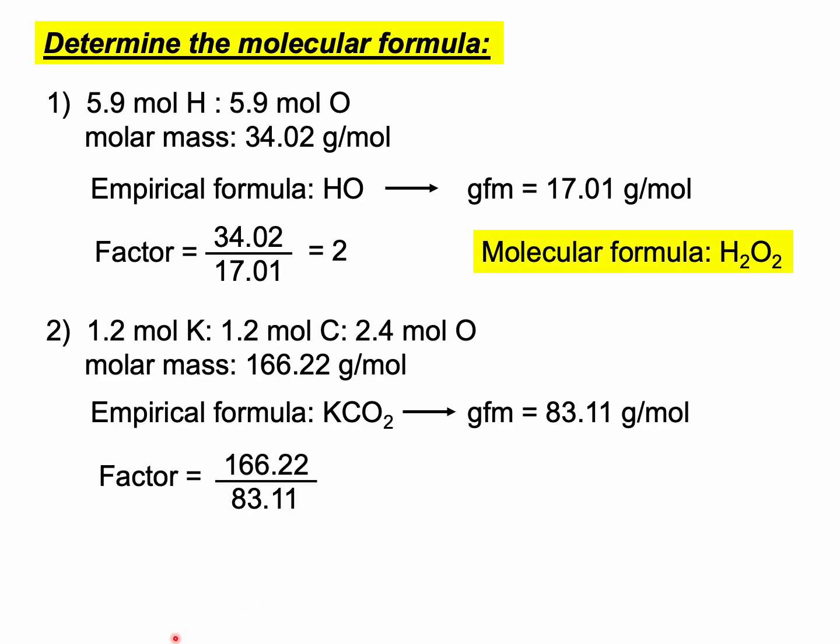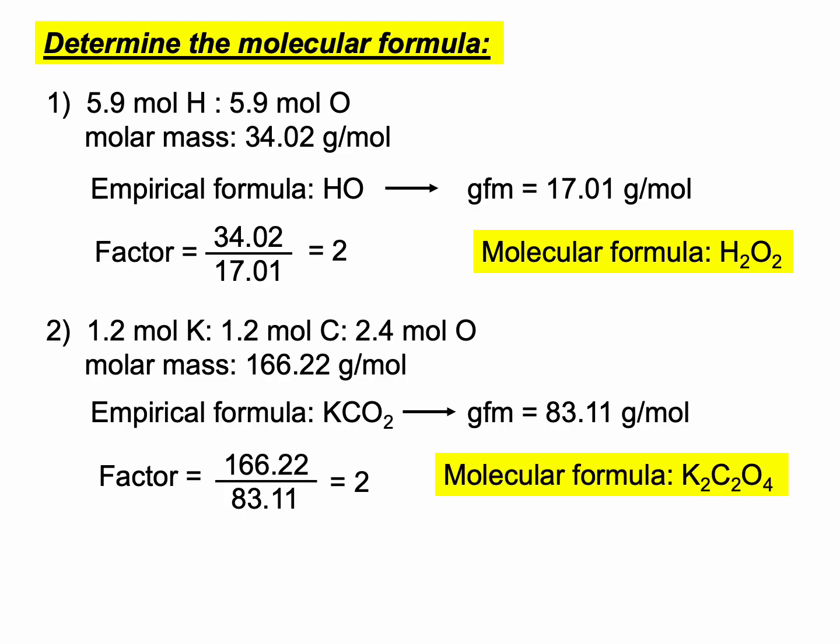So our factor is going to be 166.22 divided by 83.11, which gives us a factor of 2. So our molecular formula is K2C2O4. And this is potassium oxalate, and it's related to the compounds that make rhubarb taste as sour as it does.